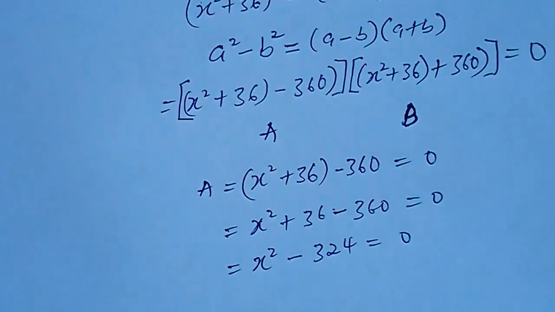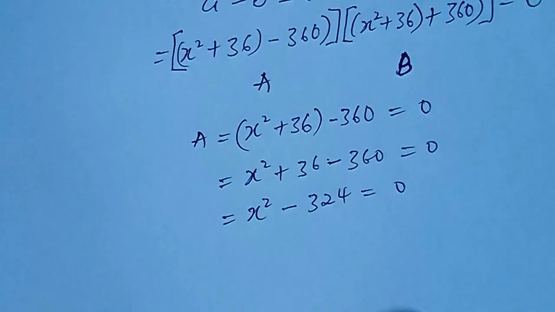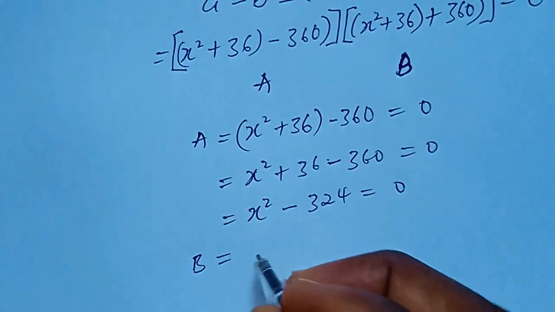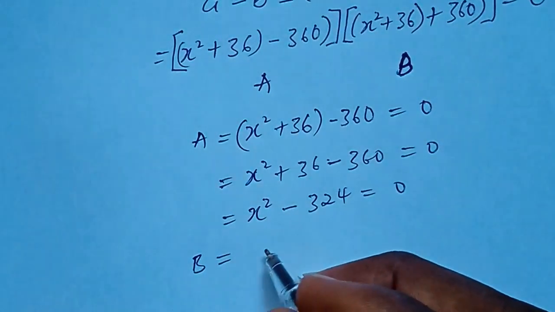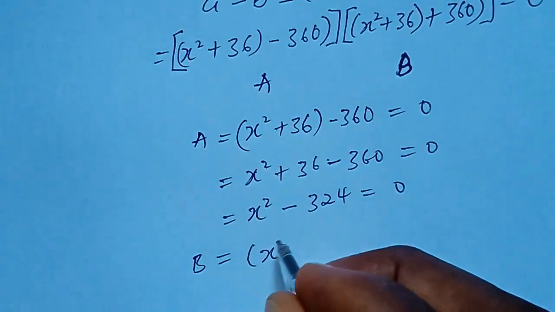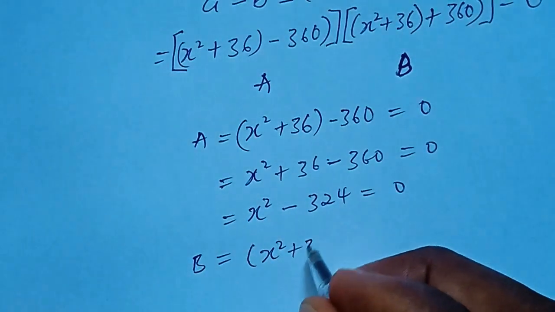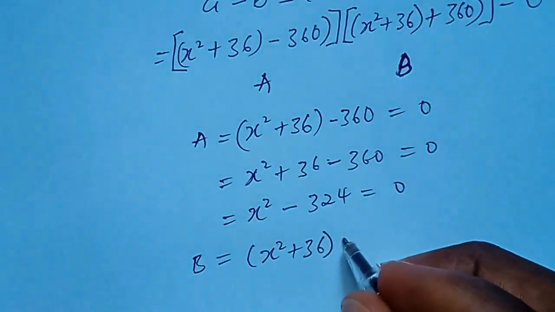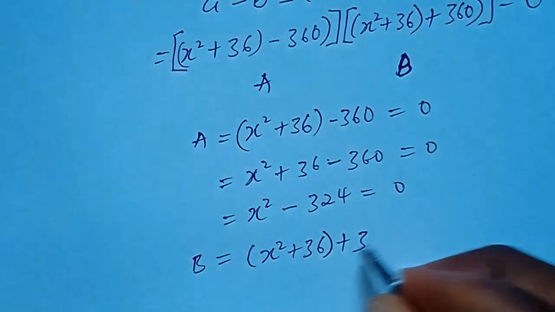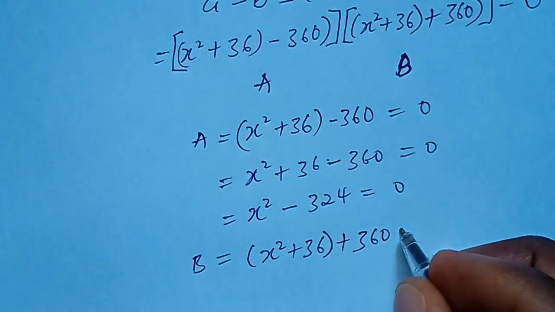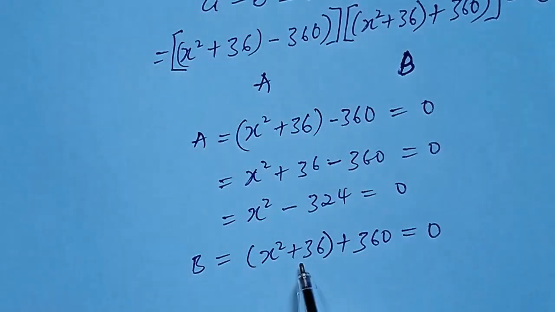Okay, that is to simplify a. Then to simplify b, we also have x squared plus 36 plus 360 equals 0.